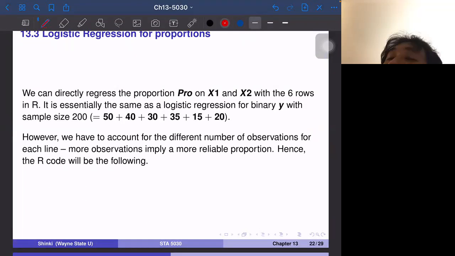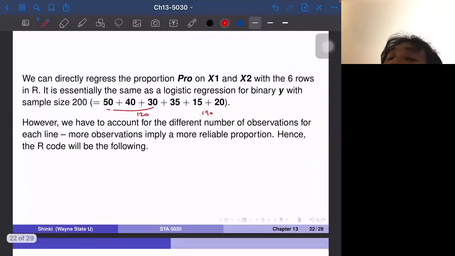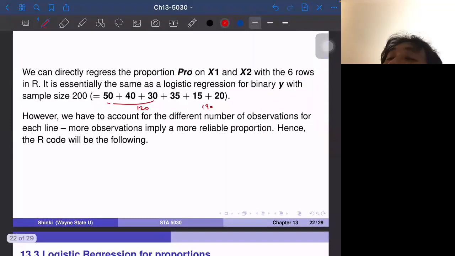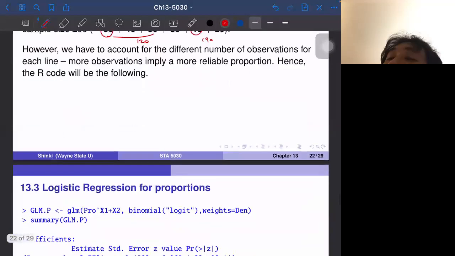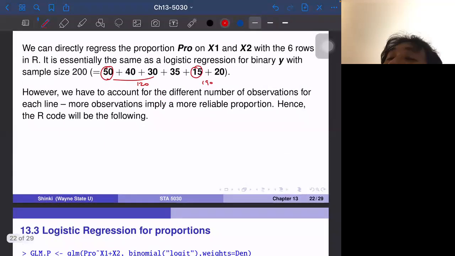We only have 6 lines, so we don't have to generate the data set for 190 observations. But we still want to account for the fact that the first line consists of 50 observations, and the fifth line only consists of 15 observations. So the first line has more information than the fifth line.